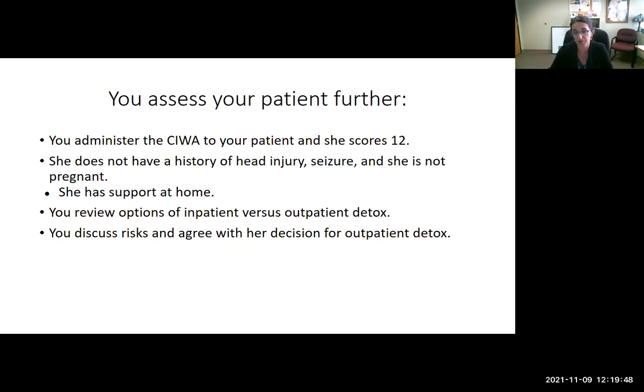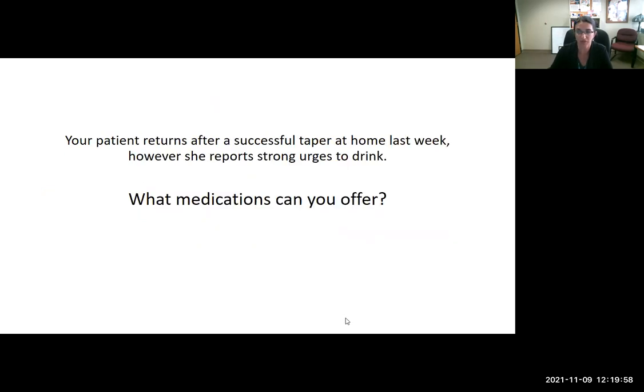So you review the options of inpatient versus outpatient detox, discuss the risks and reasons why she would need to present to the ER, but we agree with her decision for outpatient detox. So she returns after a successful taper at home, so fast forward a week, but she reports strong urges to drink. So at this point, we'll talk about how we can help with that prevention part of the tree.